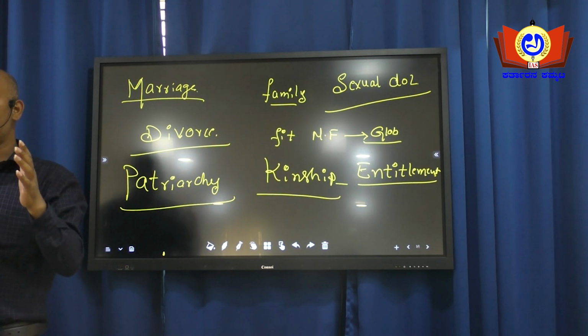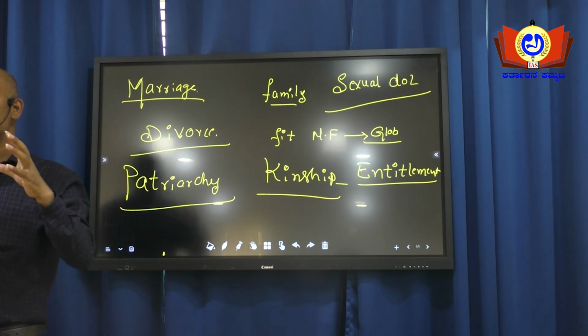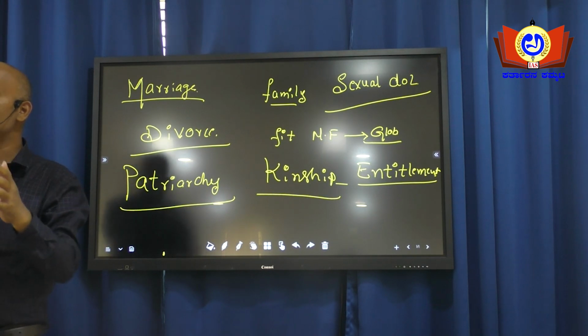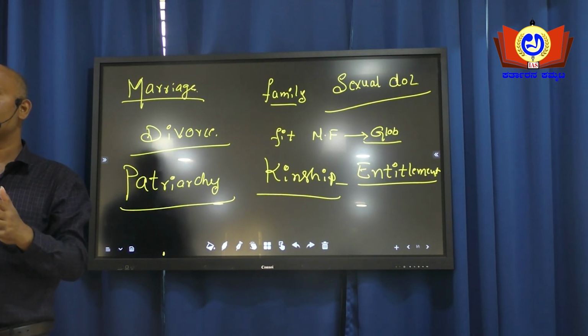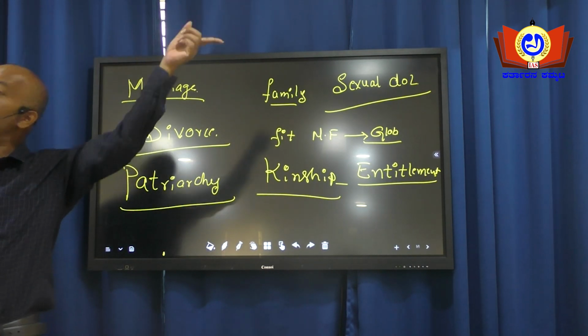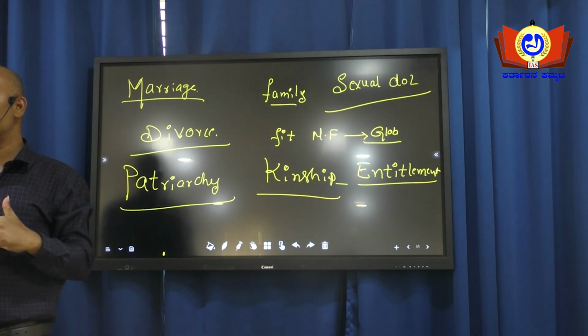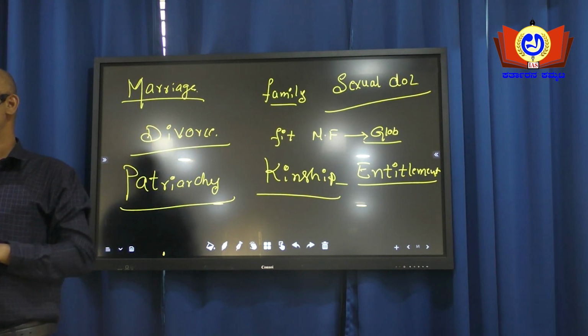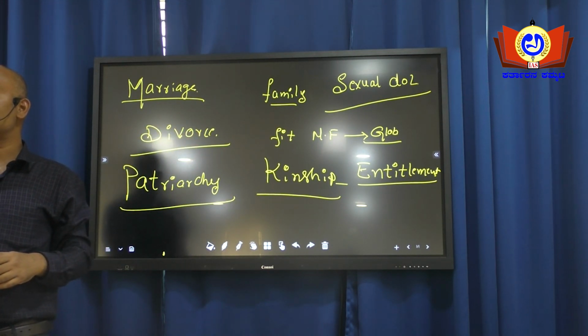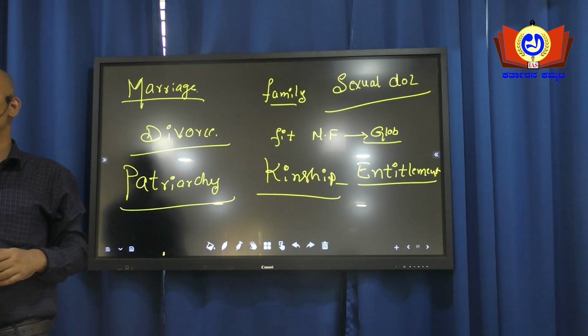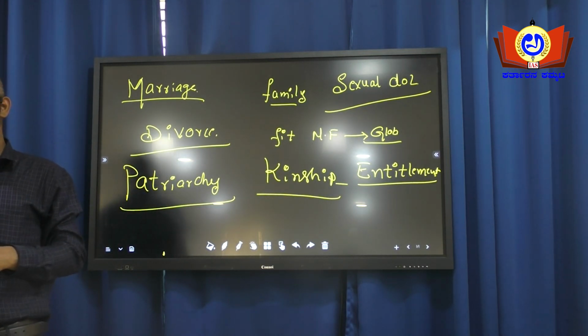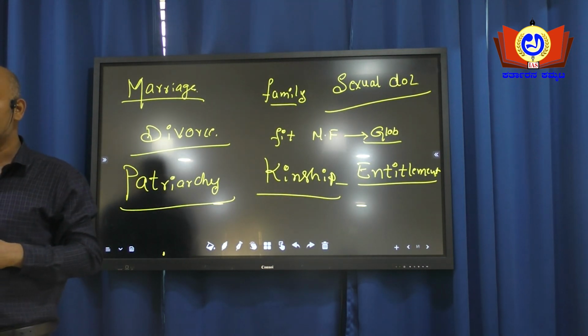Whether that father's property was his own, swayarjita they will tell, no, his own property, or whether it has come from his father. How the property should go through the line, that is what is known as entitlement. Whether after divorce, what kind of benefit should go to the wife after divorce, all these are entitlements. That we will discuss in detail.